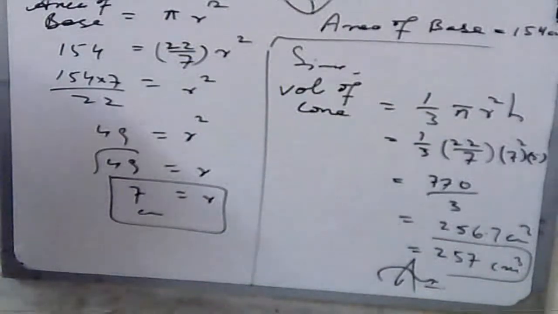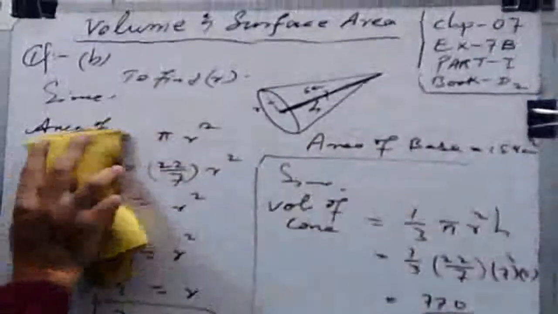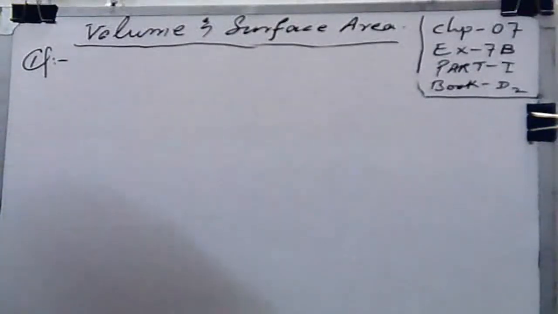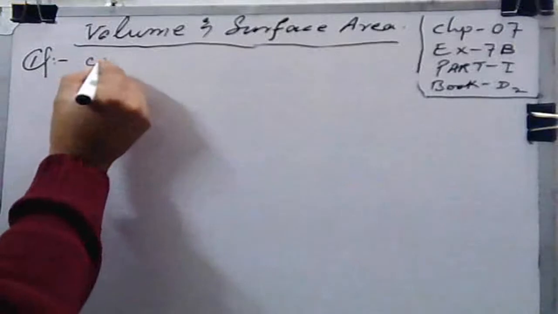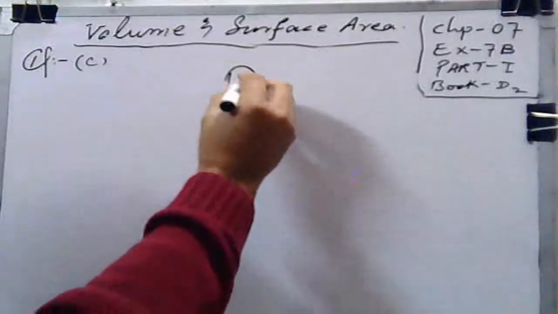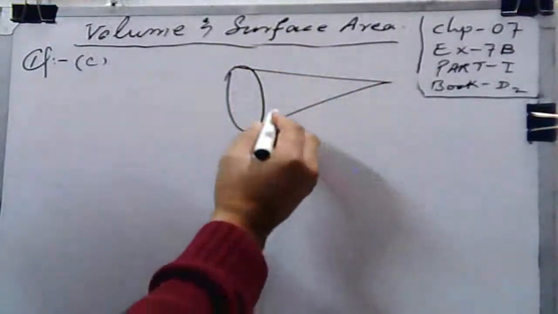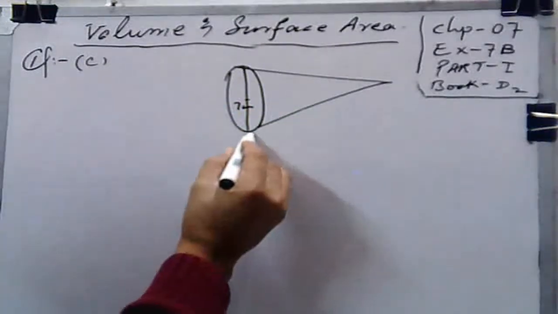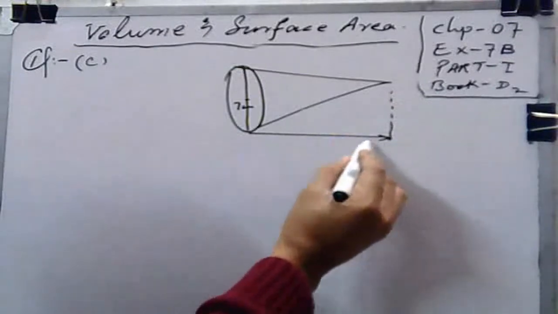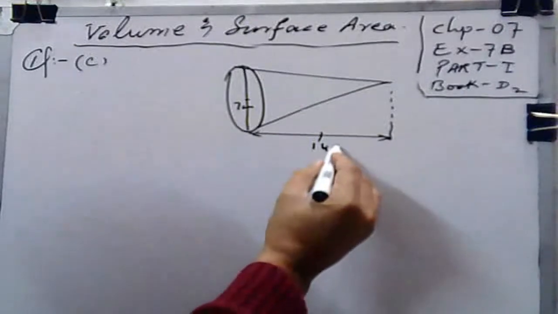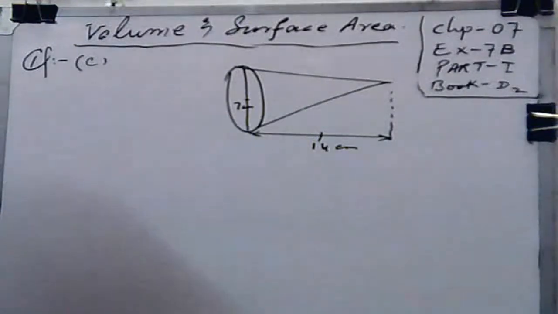Similarly, another diagram you can see. That is your C part. The cone is given like this, that is your 7 centimeter, and the slant height is given to you, 14 centimeter.